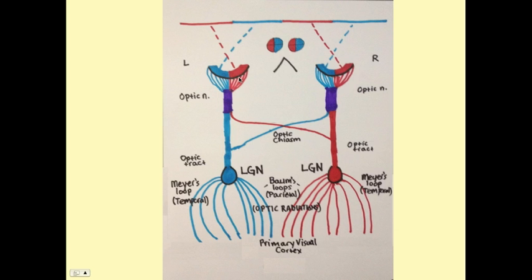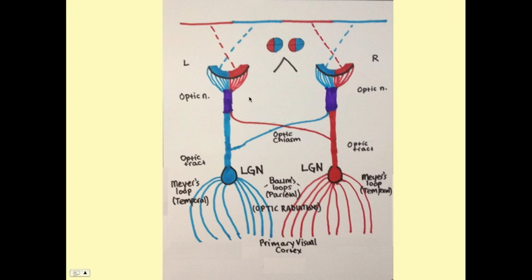Now, all those nerves that see the visual field, they coalesce and form the optic nerve as it leaves the orbital cavity. And that's cranial nerve 1, and that is just your optic nerve.